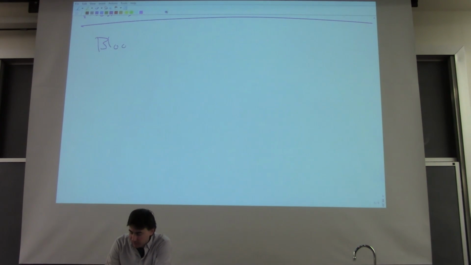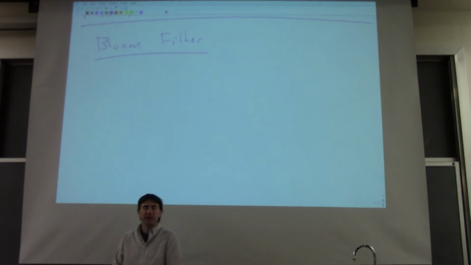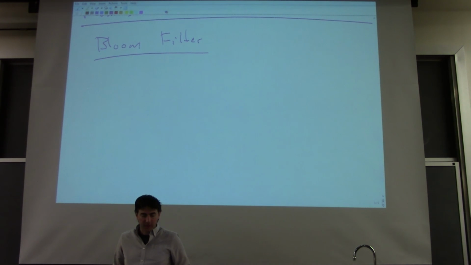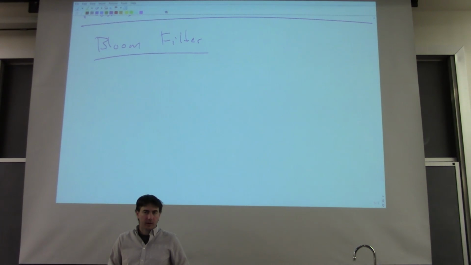The difference between the Bloom filter and the count min sketch is that a Bloom filter doesn't keep a counter. It's typically only keeping a single hash function. Sometimes you can use two hash functions on the same thing.